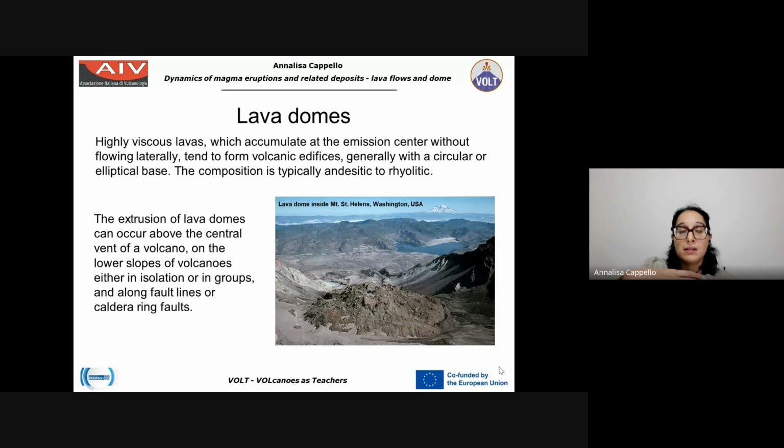So this is the main hazard of this kind of volcanic edifice, that can be very dangerous for people, for areas near the volcano, because the gas inside can produce explosive eruptions with the collapse of the dome, and thus the formation of pyroclastic density currents, that are flows of very hot materials which can travel very fast from the lava dome.